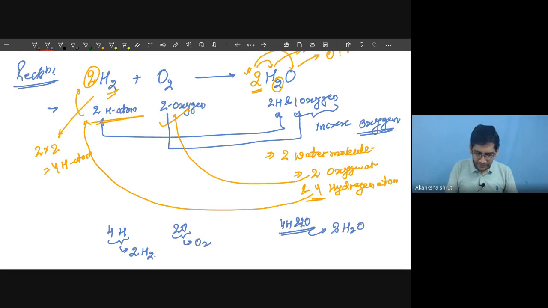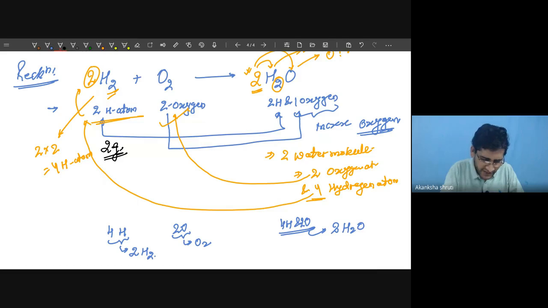Now considering the mass, it is found that the mass of the hydrogen H2 is 2 gram, combining with this 16 gram, this O2. Student, H2 is only 2 gram.